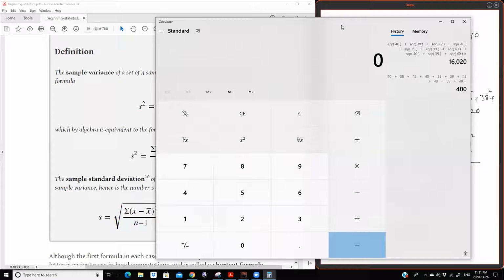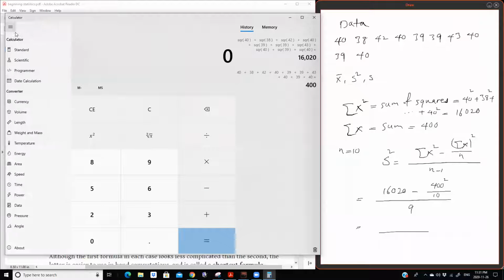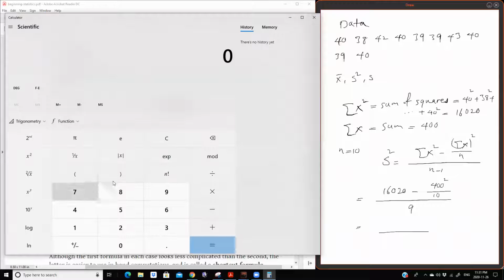I need braces, so I'm going to go to the scientific calculator so that I can use braces.